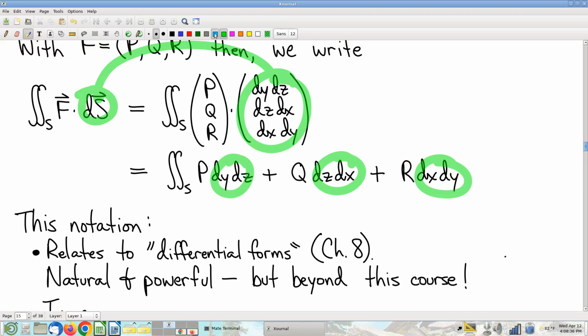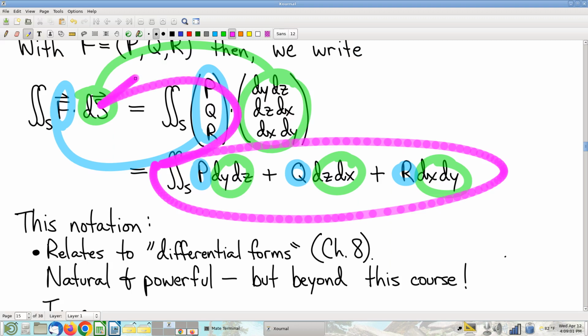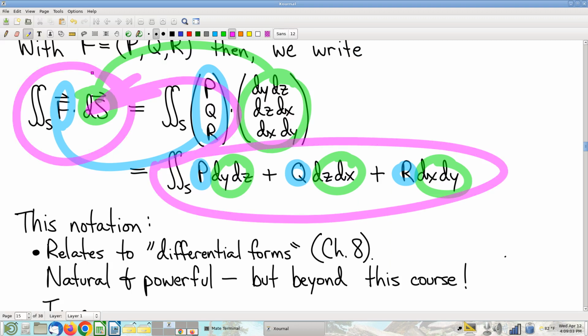And then, based on which ones they pair up with, these integrands tell you what is the vector field whose flux, whose vector surface integral this expression represents. So that's what it is. You could just look at the structure of that coordinate surface integral and reverse engineer the corresponding flux integral.